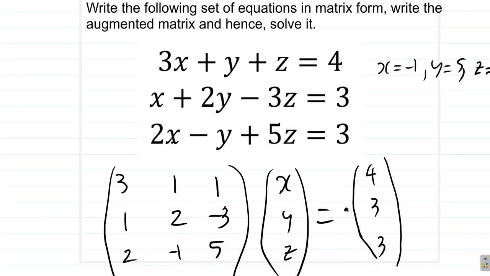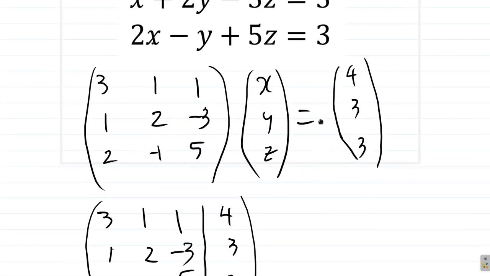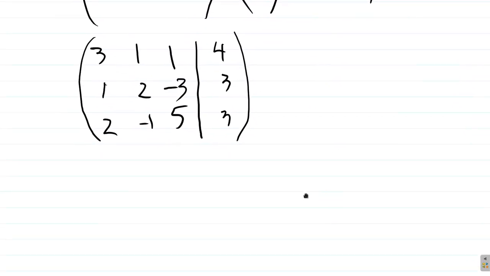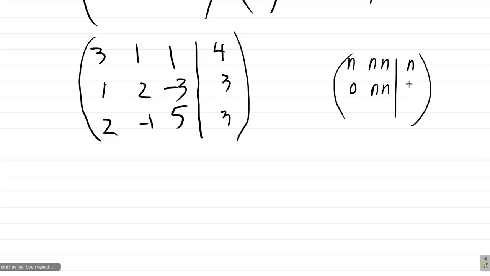Alright, now you hence solve it. Use this method to solve it. Now remember, when you solve an equation like this, you want it in this form. Number equals number here, and you have 0, number, and you have 0, 0, number.